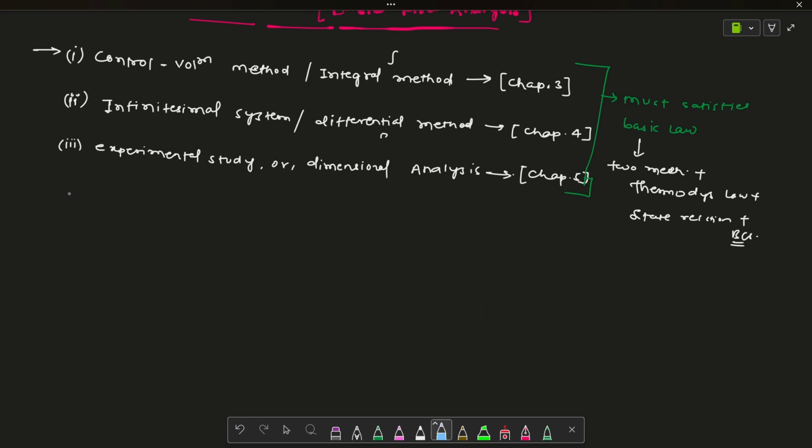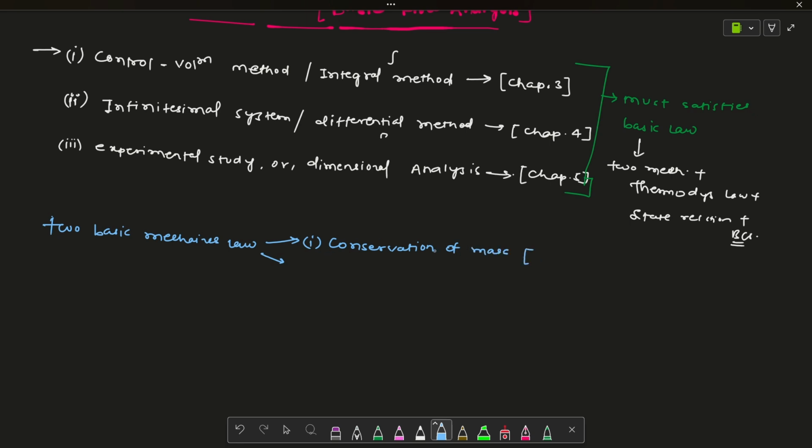What are the two basic mechanics laws? The first one is conservation of mass.